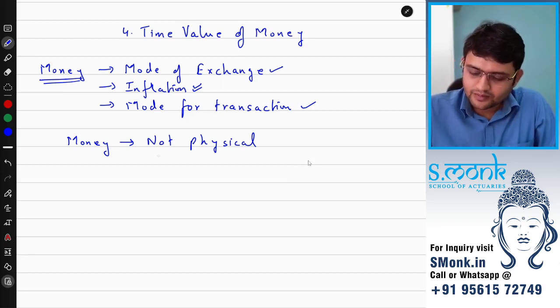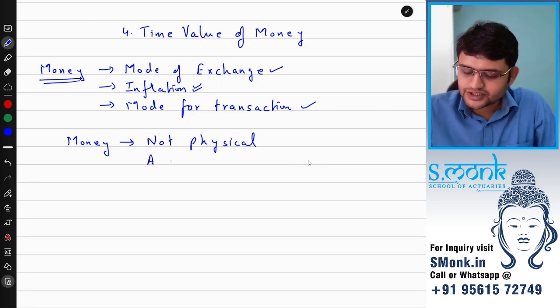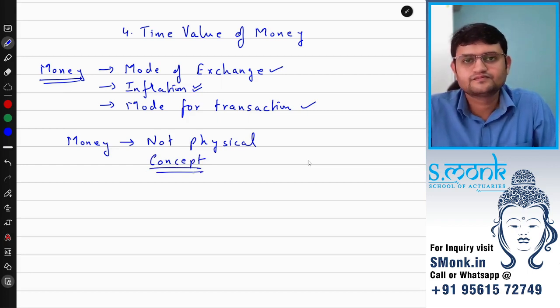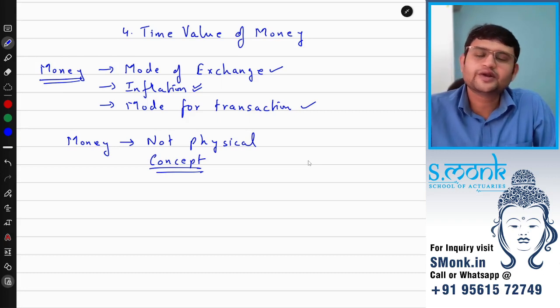The money is actually just a concept. Just like mathematics is a concept, money is also just a concept. You might say that we see geometry in every single place, but you don't really see algebra anywhere, right?